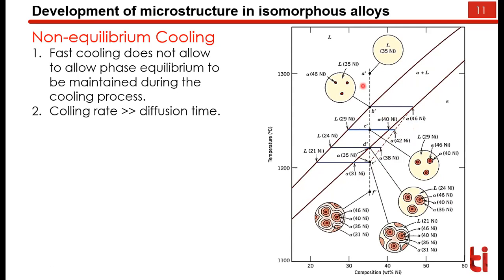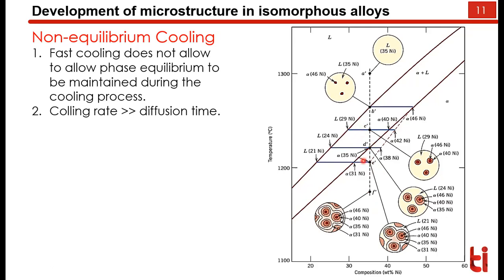Same, we have drawn this dotted line here, and we have chosen prime points: A prime in liquid, B prime on the liquidus, C prime in the two-phase region, D prime on the solidus, and E prime and F prime on the new solidus. So 6 points we have taken here.